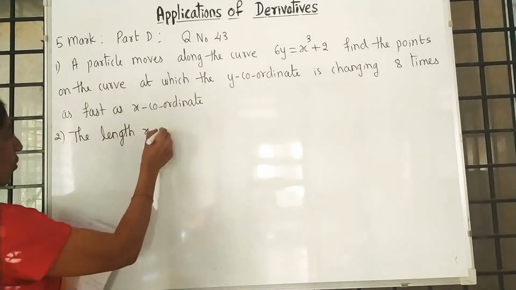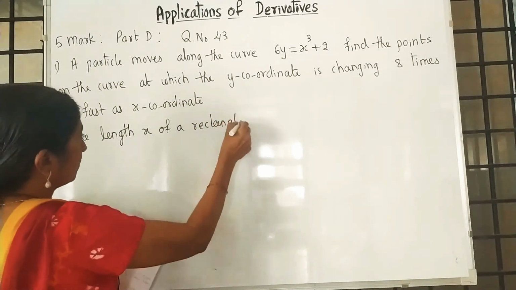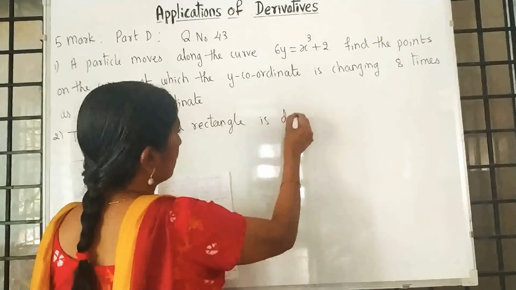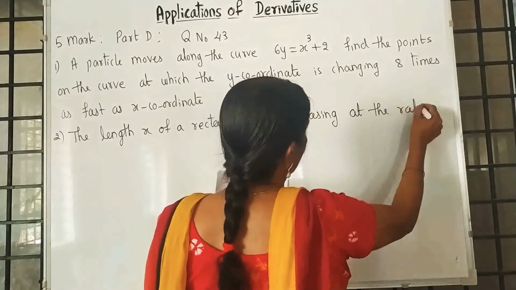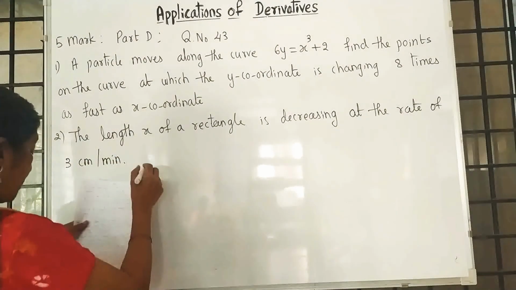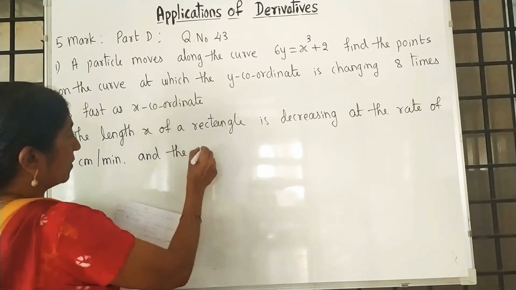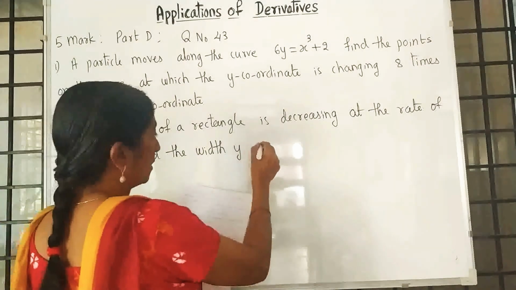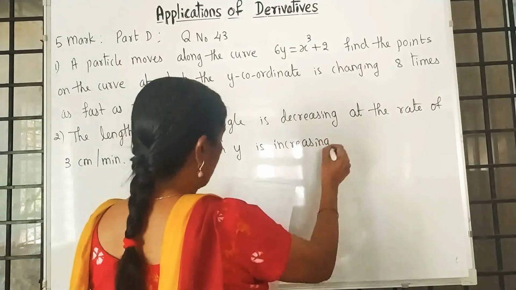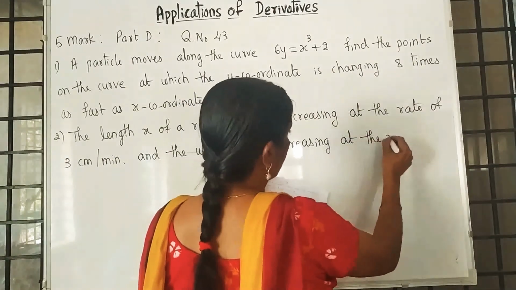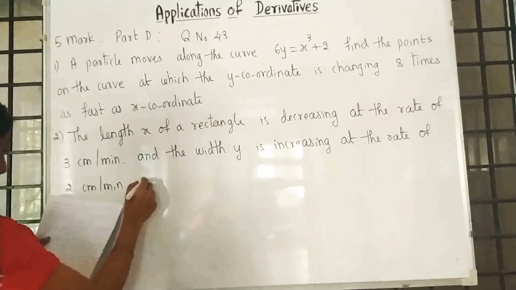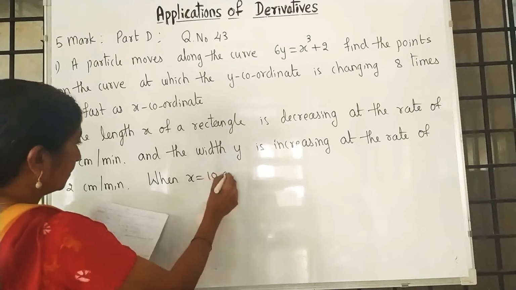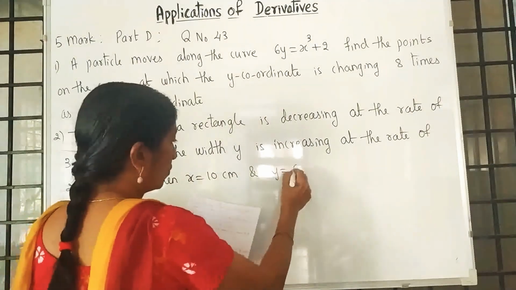The length x of a rectangle is decreasing at the rate of 3 centimeter per minute, and the width y is increasing at the rate of 2 centimeter per minute when x is equal to 10 centimeter and y is equal to 6 centimeter.